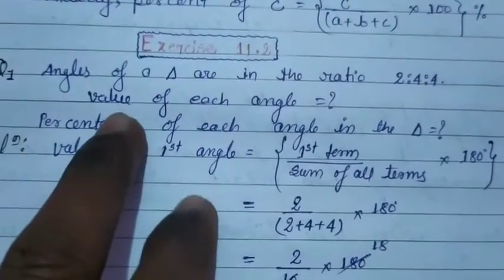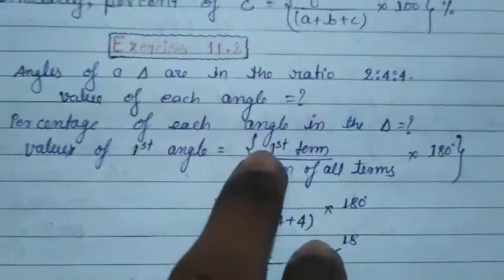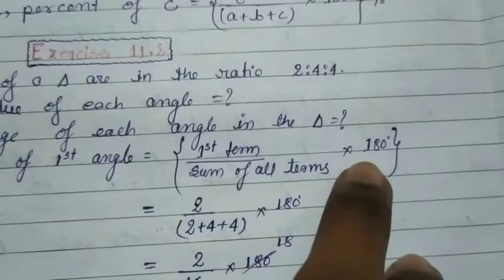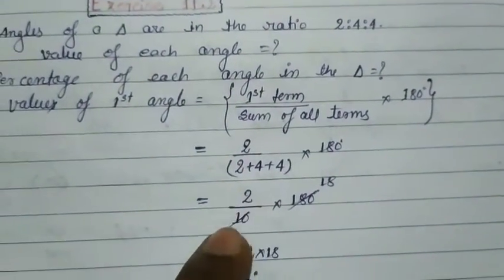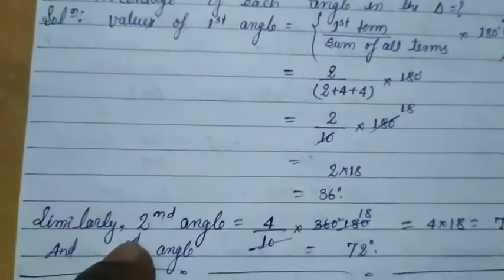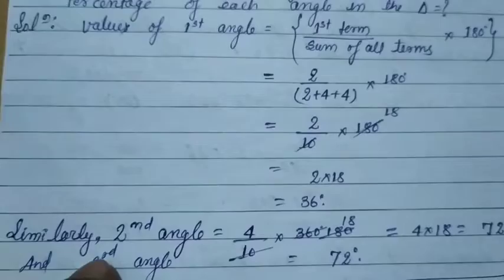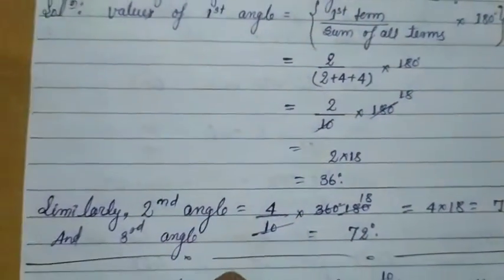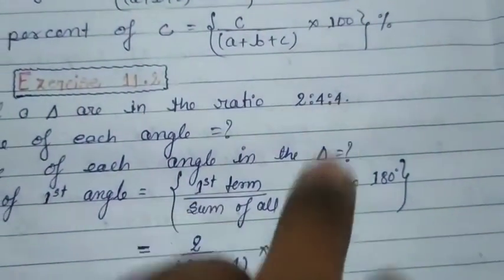So we can do the first part of the solution, that is value of first angle: first term upon sum of all terms into 180 degrees. As we know, the sum of all angles in a triangle is 180 degrees. So you can do this and you will get the first angle as 36 degrees, and just like that, the second angle would be 72 degrees, and the third will be the same as its ratio is the same.